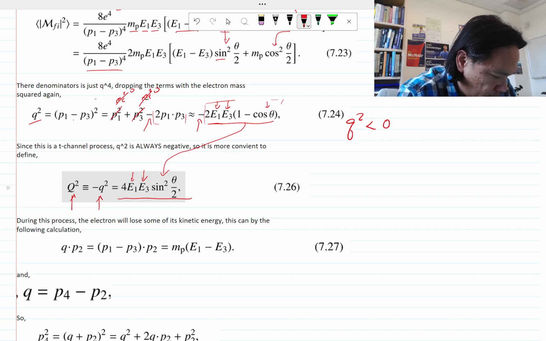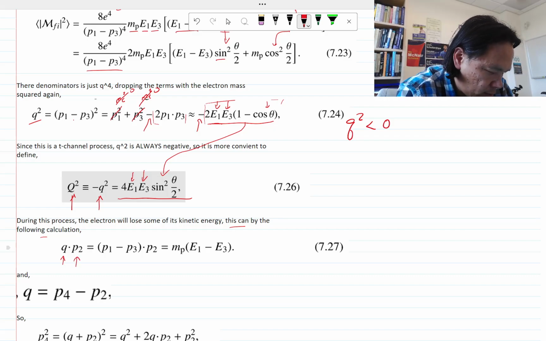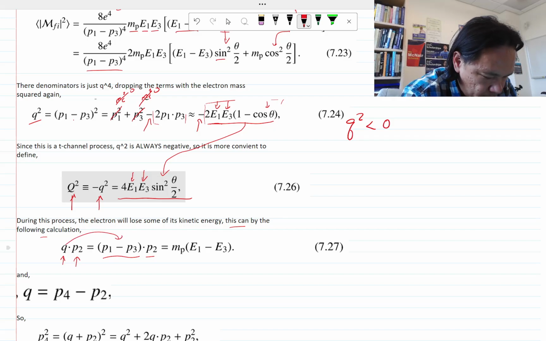So during this process, the electron is going to lose some of its energy. This can be found by just this little calculation here, where if you have the 4 vector of the photon, dot product it into the four vector of the initial proton, that dot product is going to be, well, q is just P1 minus P3, dot producted to P2.